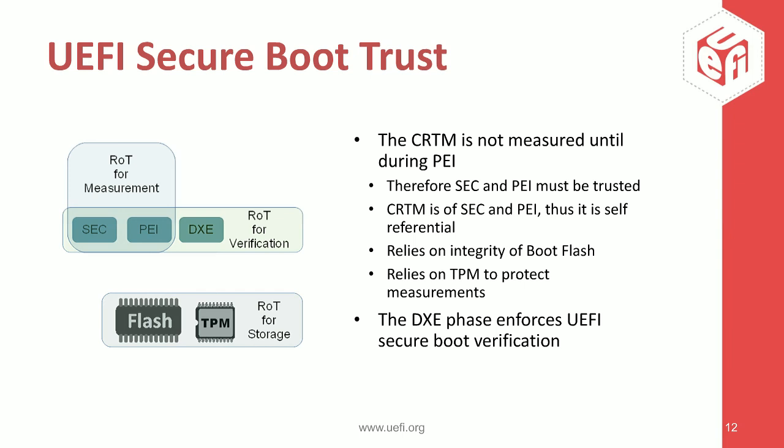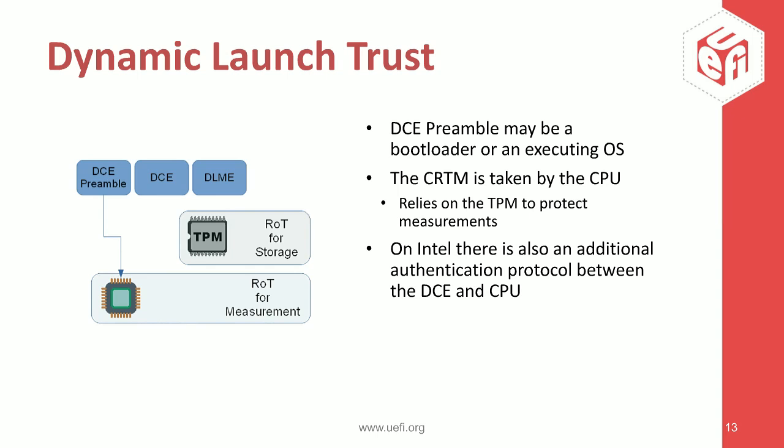The first one is the root of trust for storage, which consists of flash and the TPM. Then the root of trust for measurement, which consists of the SEC and PEI phases, and the root of trust for verification, which consists of three parts: SEC, PEI, and DXE.